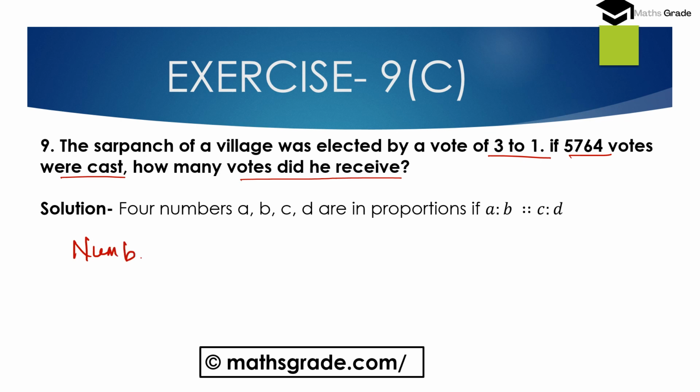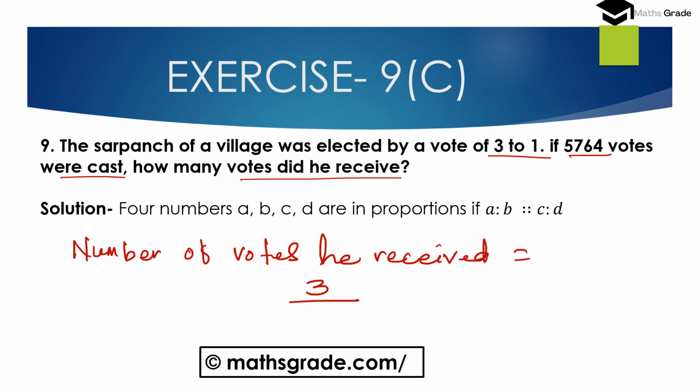So the number of votes he received will be 3 divided by the total, which is 3 plus 1, multiplied with 5764. That is 3 divided by 4 multiplied with 5764.